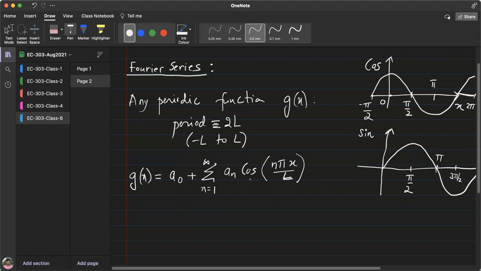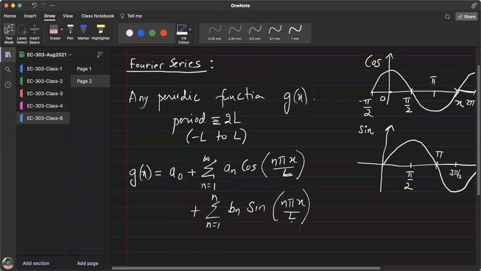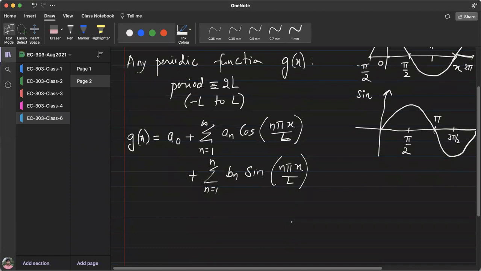So you can take a bunch of cosine curves with various periods, and if you add them up with various coefficients, and likewise, if we have a bunch of sines, and you do the same thing, you can basically construct any mathematical periodic function.